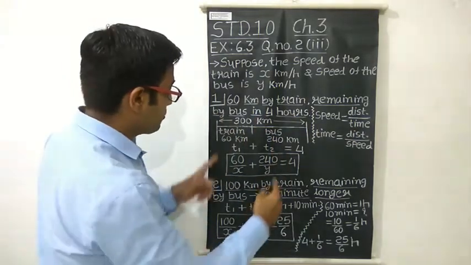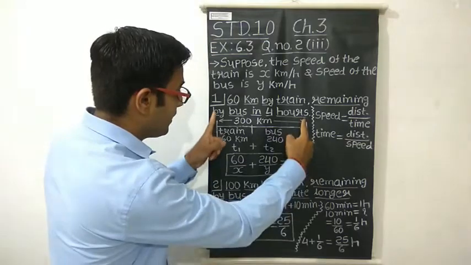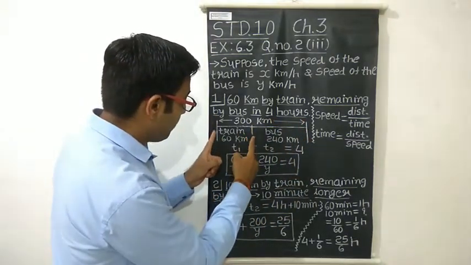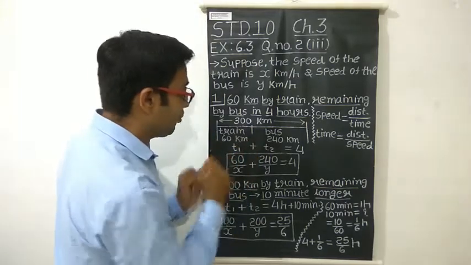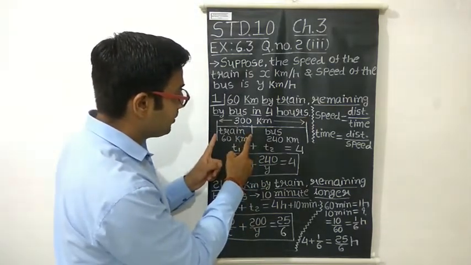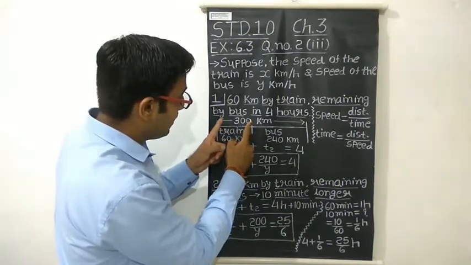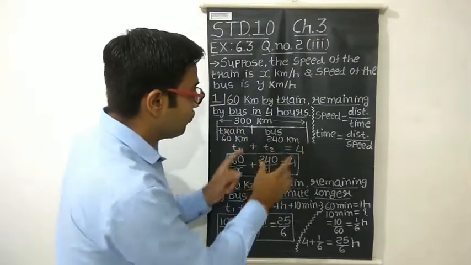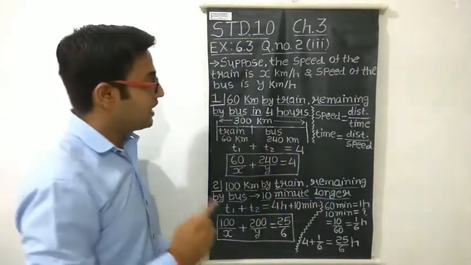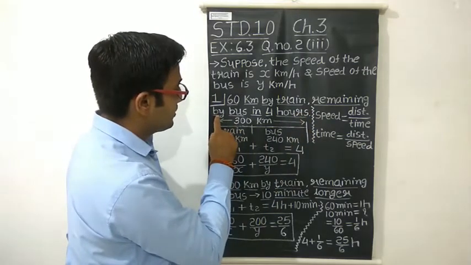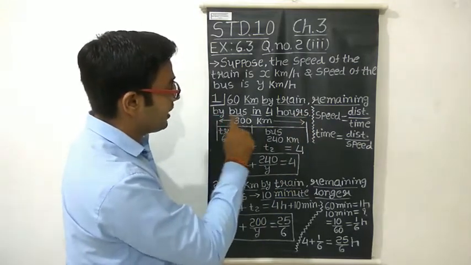So let's suppose this is the total of 300 km distance and this much of distance is 60 km. So how many remain if she travels 60 km? Out of 300, if she travels 60 km, the remaining distance is 240 km. And it is given in the question that the remaining distance she travels by bus.